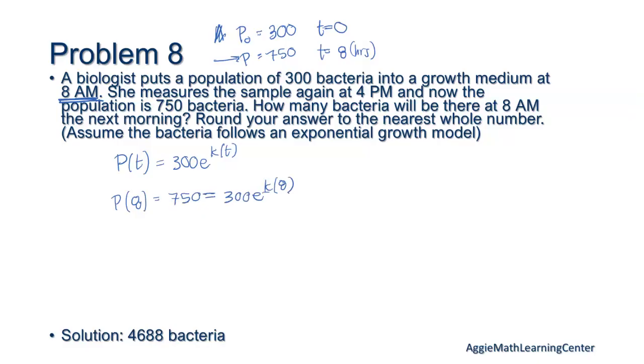I'm going to divide both sides by 300 to get at that K, the variable I don't know. And then I'm going to take the natural log of both sides. And then I can divide by 8.